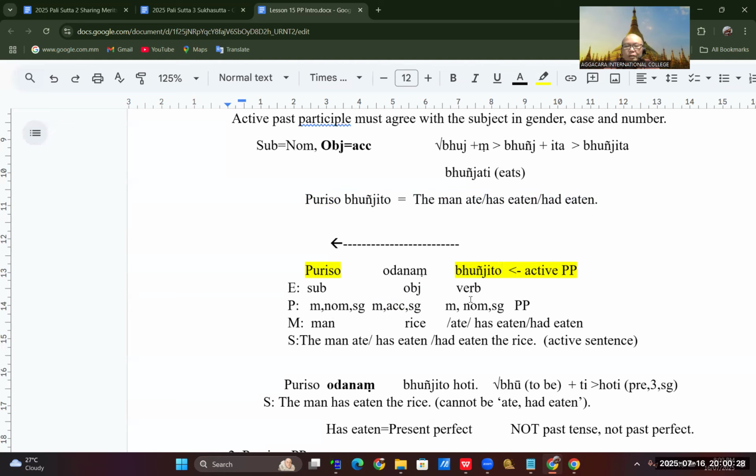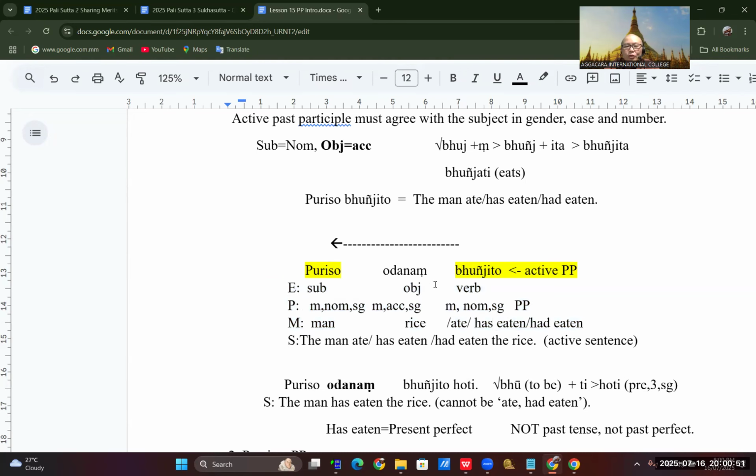Okay, so that's why bhunjito is masculine nominative singular, following the Puriso. It's a PP here, past participle. Odanam is masculine accusative singular. It's rice here. So the way we write, you have to write in three ways. English. Who is the subject here?